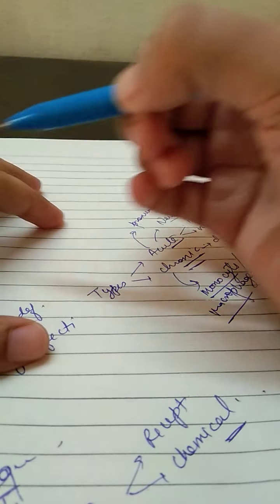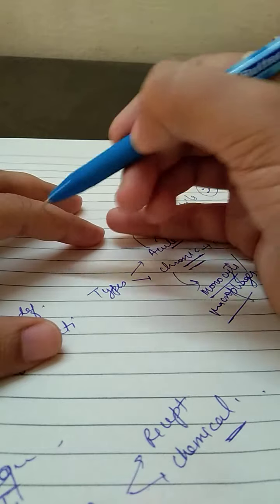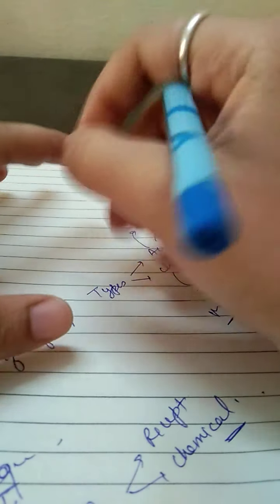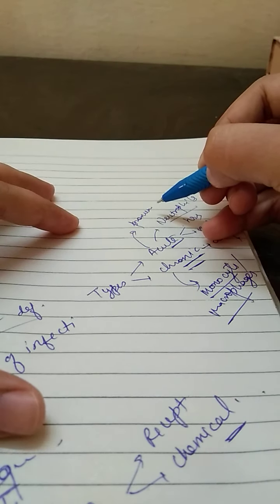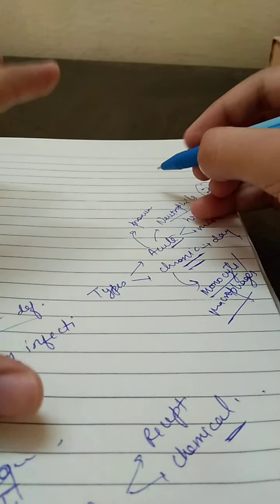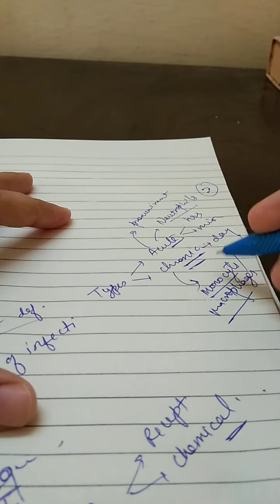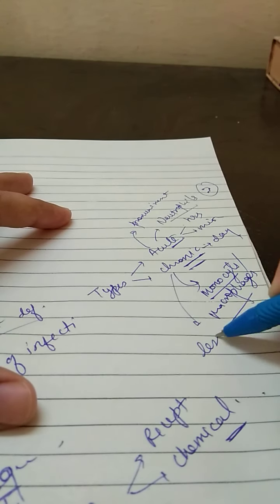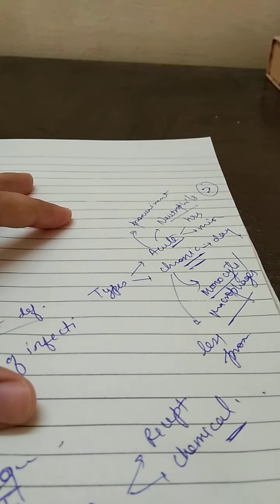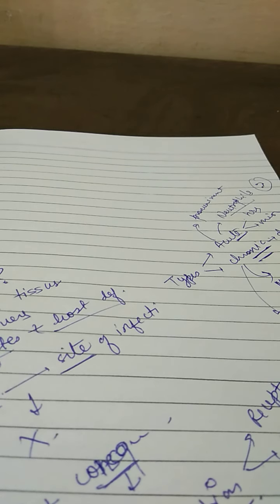Suppose you have some sort of injury or a scar over here, the inflammation will be very prominently seen at this place. So the signs and symptoms of acute inflammation are very prominent, while in chronic inflammation they are less prominent.